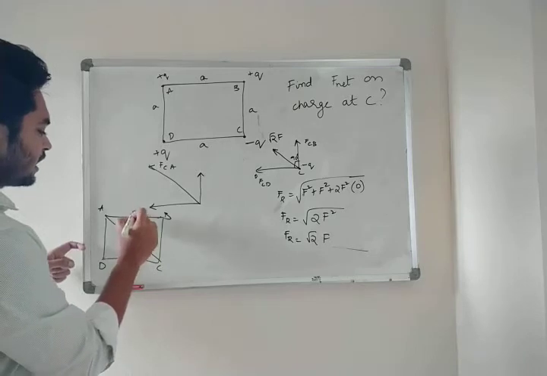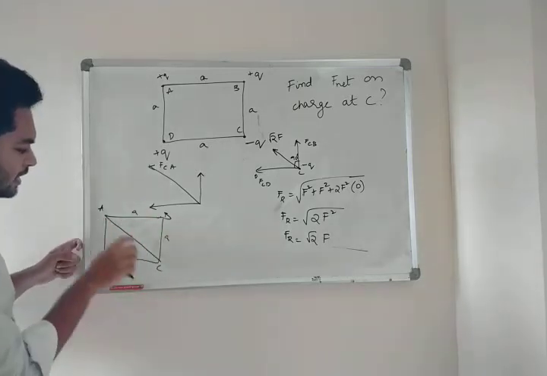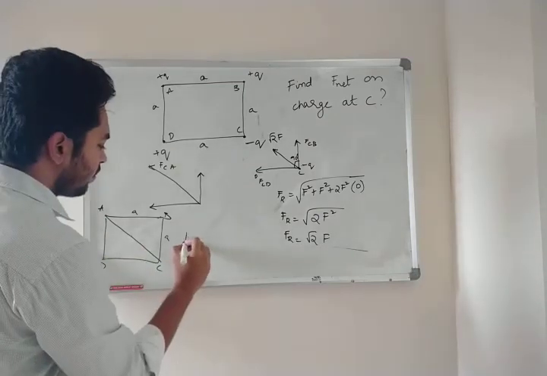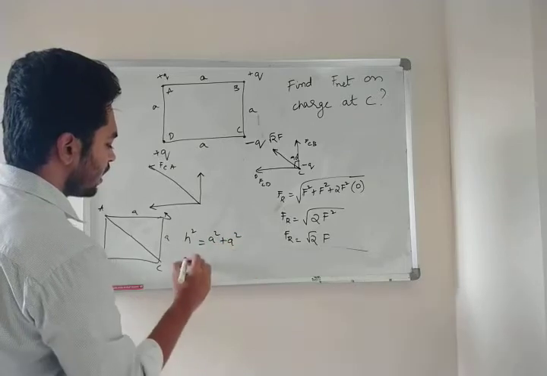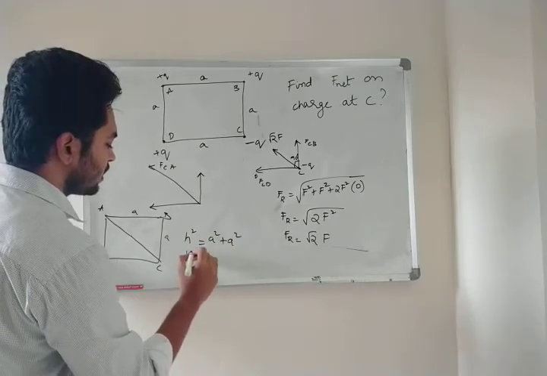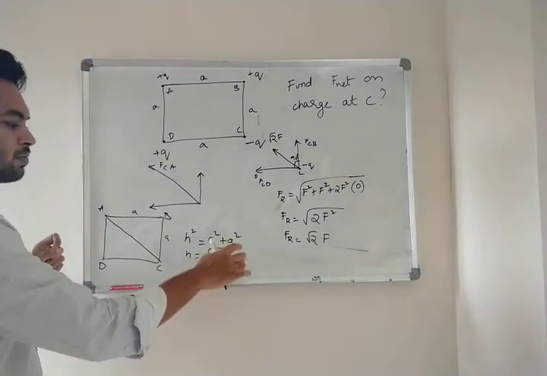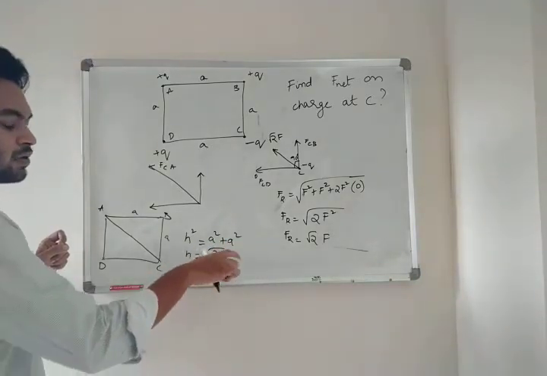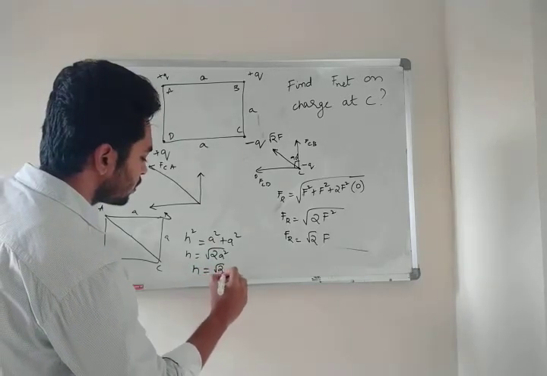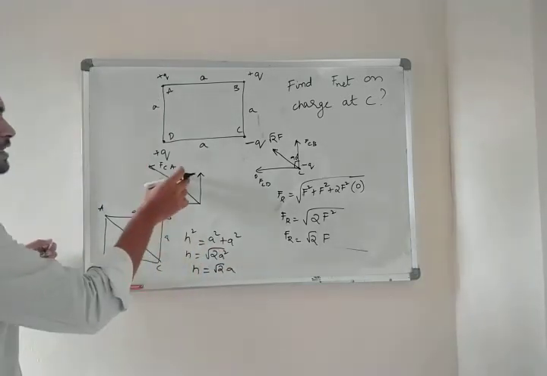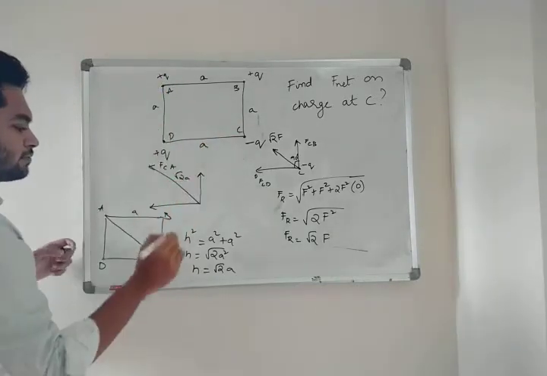This side is A, this side is A. Now we need this hypotenuse, AC. So how do we do it? Hypotenuse square is equal to side square plus side square, A square plus A square. H is equal to root 2A square. A square plus A square, 2A square, and this square has gone and it has become root. So H equal to root 2A. So the distance between AC is root 2A.